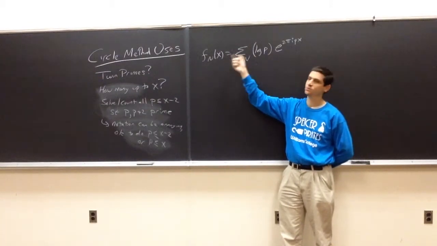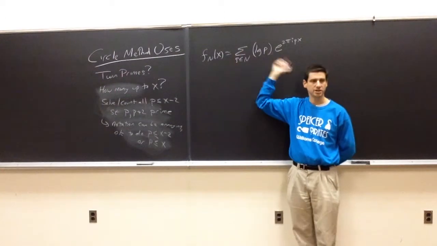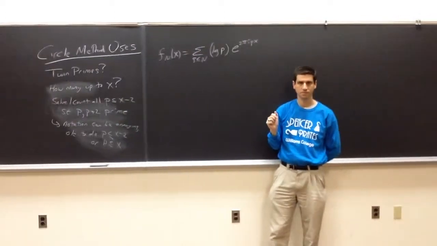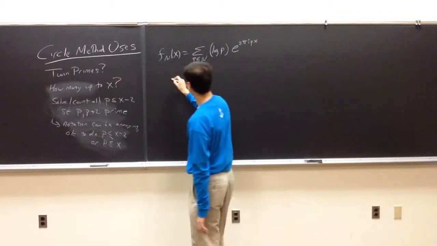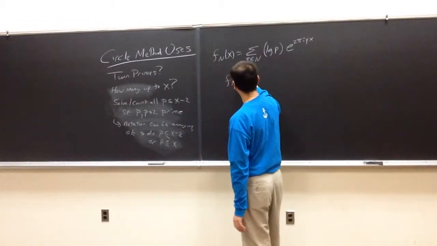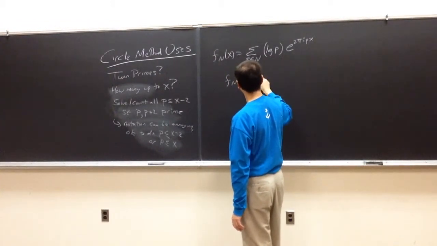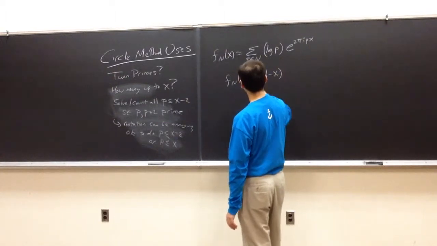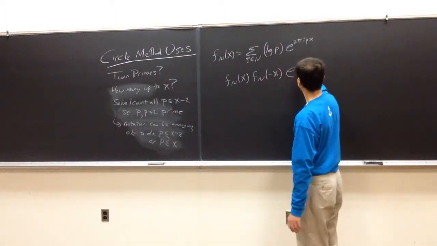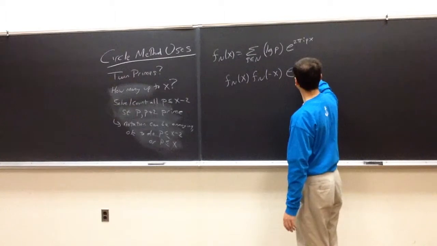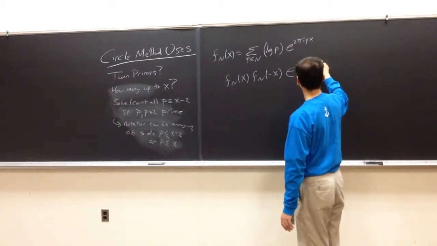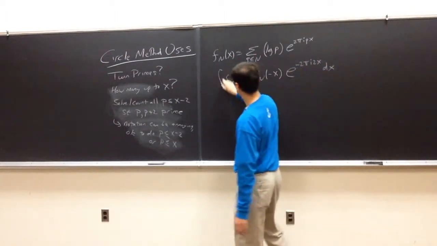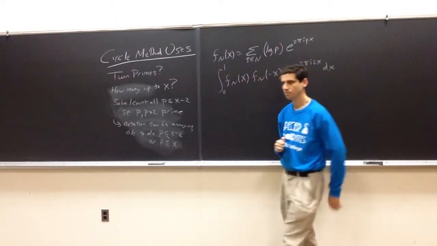When we write a function like this, we typically use the letter n because we want x to represent something in [0, 1]. And so now what we would look at is f_n of x times f_n of negative x times e to the negative 2 pi i 2x dx. Integrate from 0 to 1.